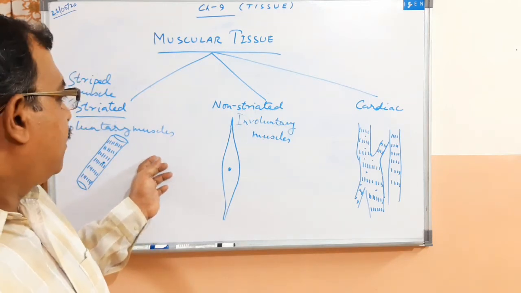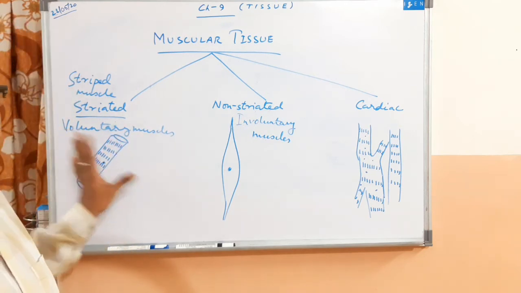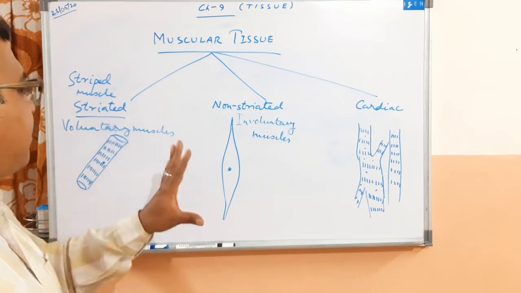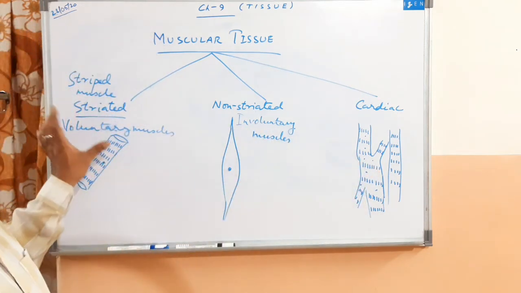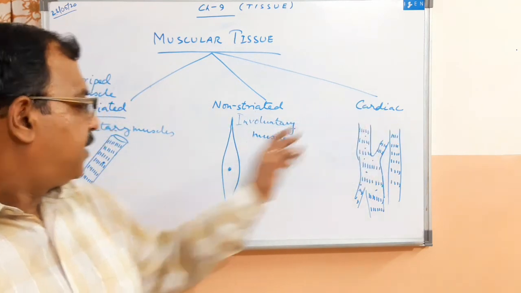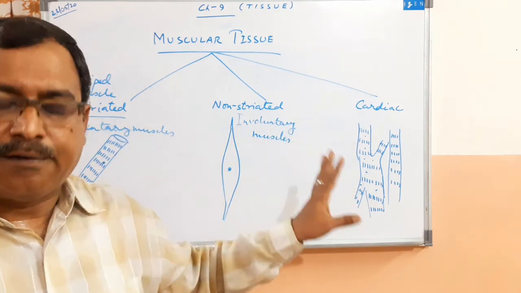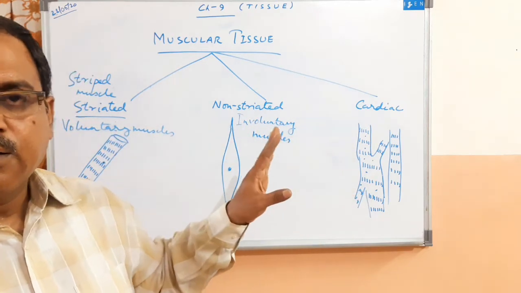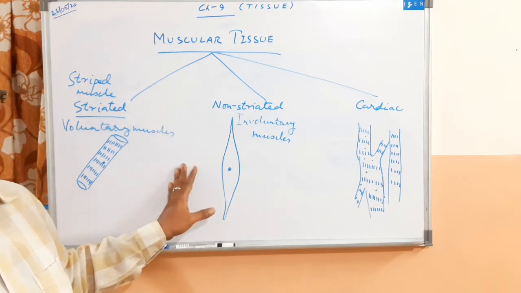Okay? So you have to write minimum 3 differences, and whenever you write 3 differences, you have to write all the 3. Means first voluntary muscles, then involuntary muscles, and then cardiac muscles. 3 differences you must write of all the 3 together. Right, children? So this will be your homework.